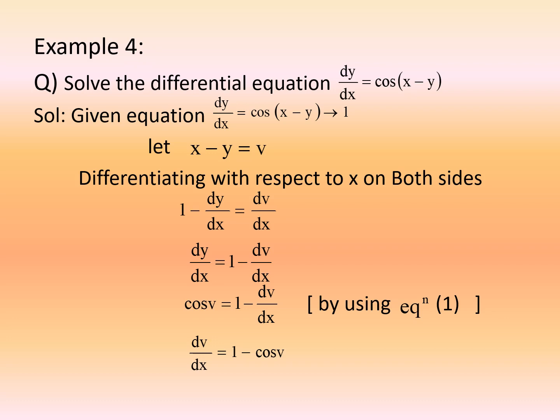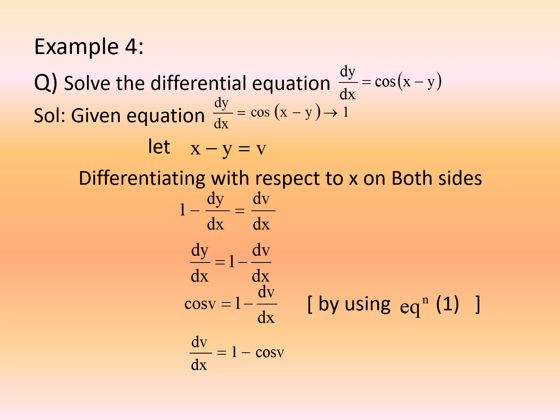In the next line, what we did means send minus dy by dx to the right hand side and bring dv by dx to the left side. Then it becomes dy by dx is equals to 1 minus dv by dx. Next line, by using equation 1, we already know the value of dy by dx is cos of (x minus y).